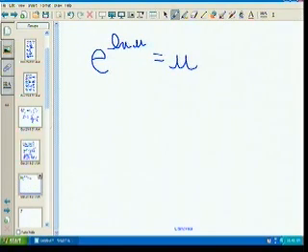Let me generalize it a little bit. E to the natural log of u ought to be u. So let's relate it to this problem. E to the natural log, and this seems like overkill, way beyond what we should have to do to this problem. But it does get us to a place where we can solve it.